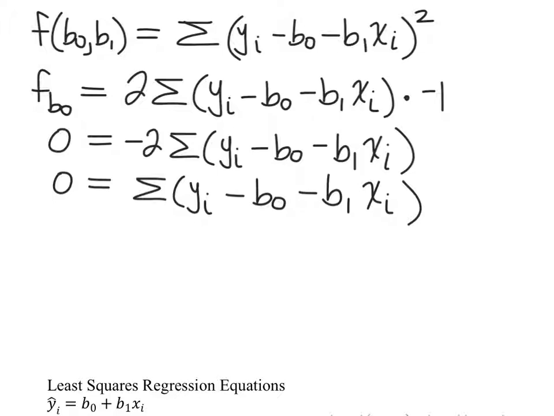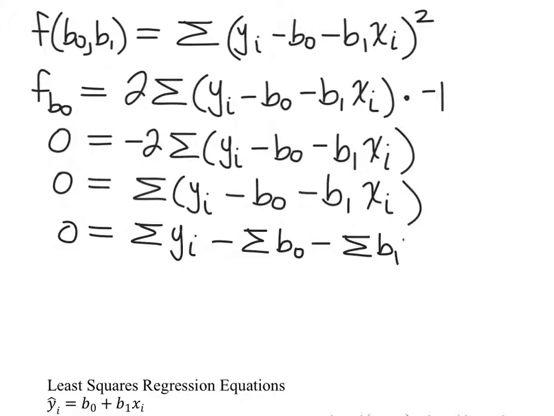So what this would end up being is the sum of y sub i, and we could say plus the sum of negative b0, or I would prefer to write minus the sum of b0, minus the sum of b1 x sub i. All right, and we could take it another step in a sec. That'll help us clean it up pretty significantly.